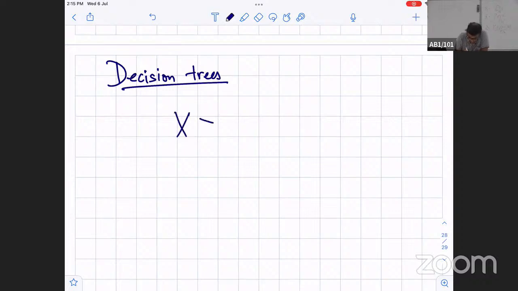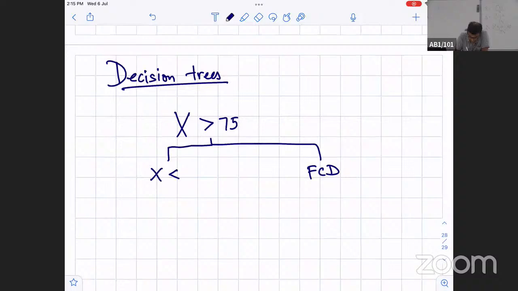If it is greater than 75, you will have one label, which is first class with distinction, something like that. Then if the marks is less than 60, then you do something else.